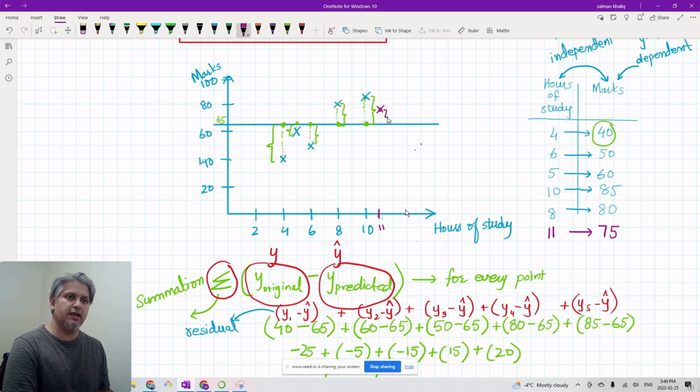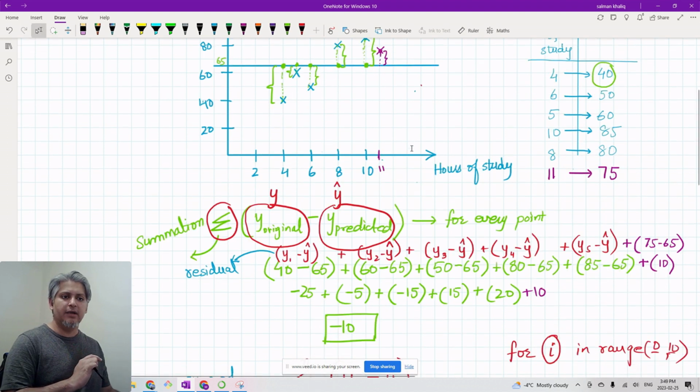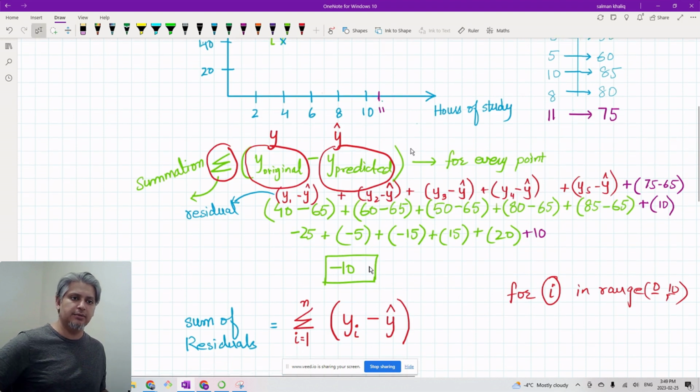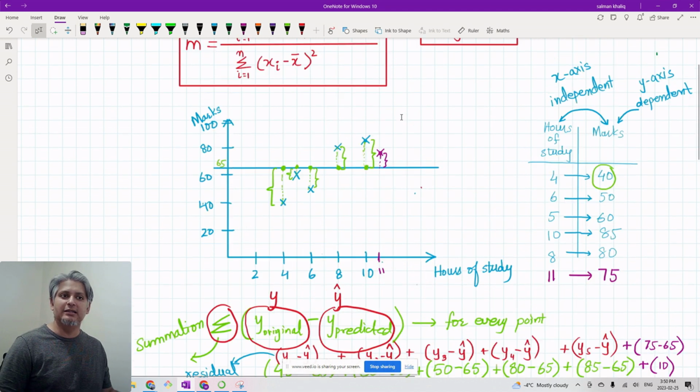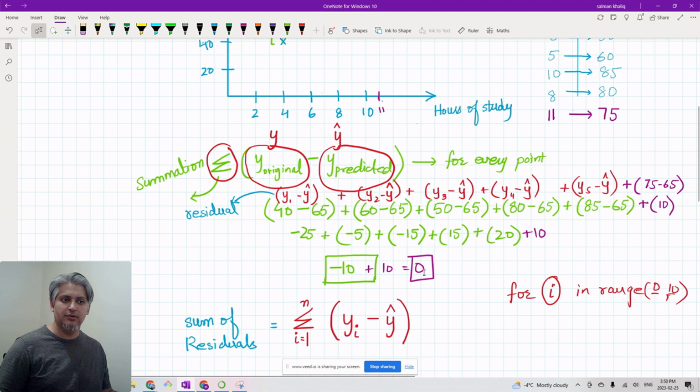If I figure out this error, I would get 75 minus 65, and that would be plus 10. And if I add plus 10 here, you can see my residual error would end up being 0.